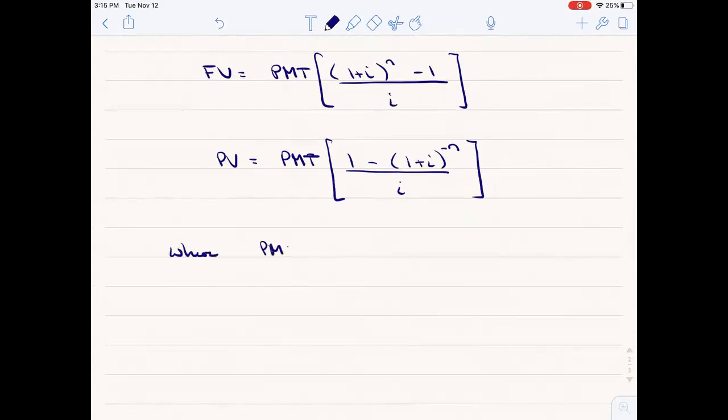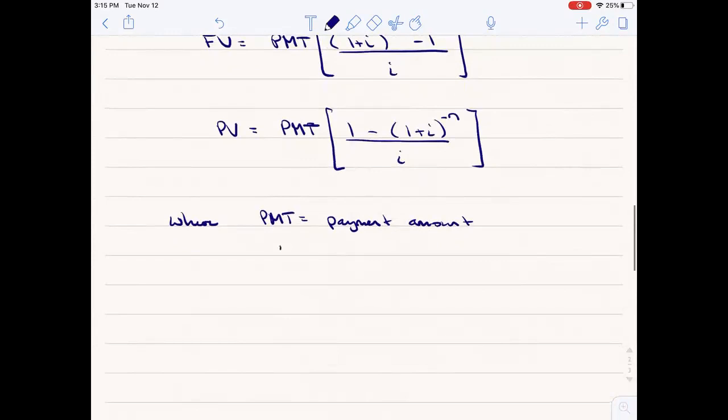Where PMT is the payment amount, I is I2, and N, because we've made our compoundings match the number of payments, it's going to be easier to think of N as the number of payments.